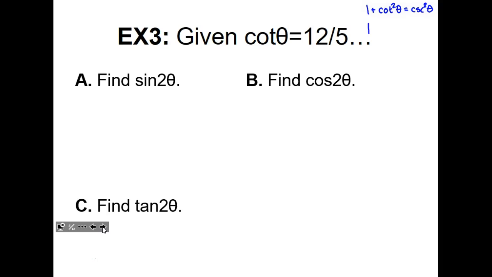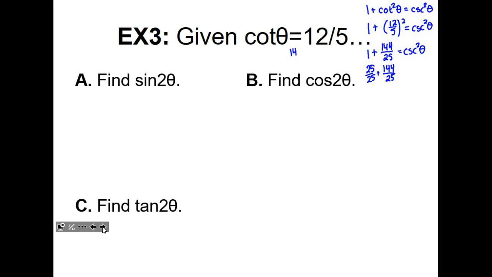So we're going to have 1 plus 12/5 squared equals cosecant squared theta. So this is going to give us 1 plus 144 over 25. And then that's going to be 25 over 25 plus 144 over 25.